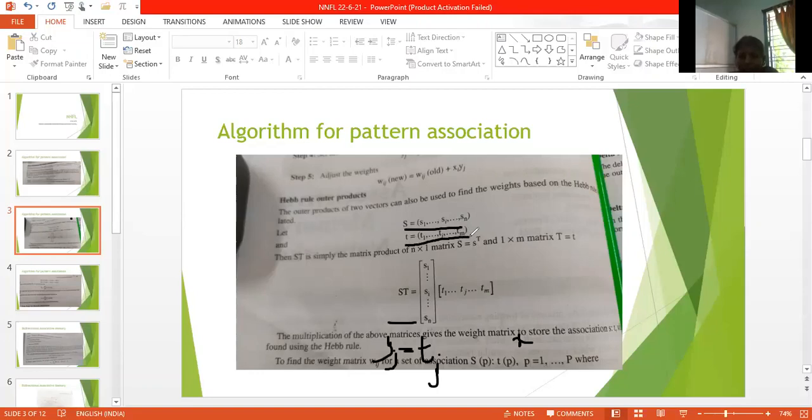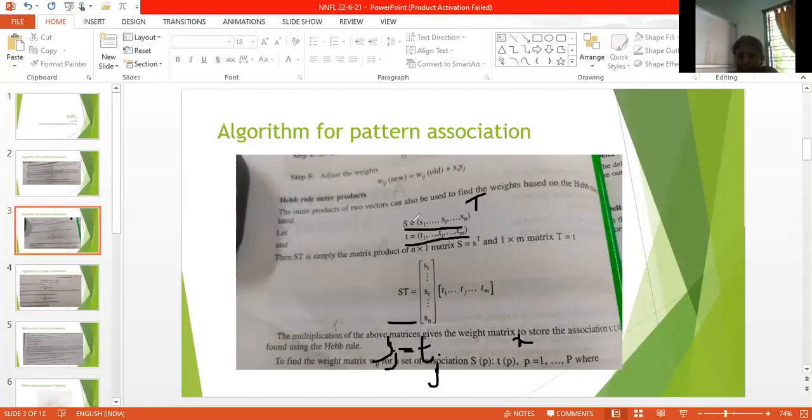So you are going for evaluating the product of these two, S and T. So S matrix size is n by 1 and T matrix size is 1 by n. So here you need to go for transpose of this S matrix.